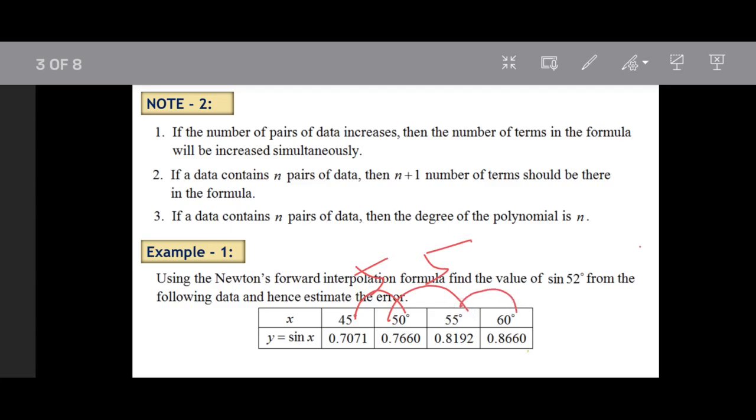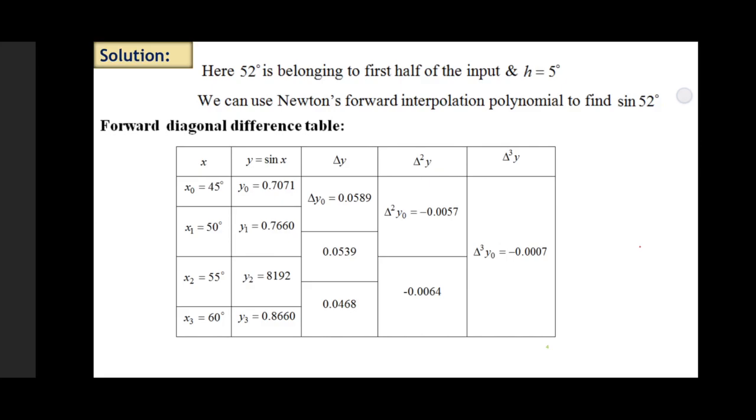Then 60 minus 55 also equals 5 degrees. Since all the intervals are equal, the first condition is satisfied. Also, the required value 52 degrees is close to 45 degrees, which is the beginning of the table. Therefore, Newton's forward interpolation method is the appropriate method for solving this problem.